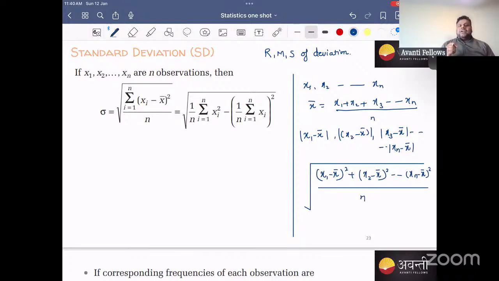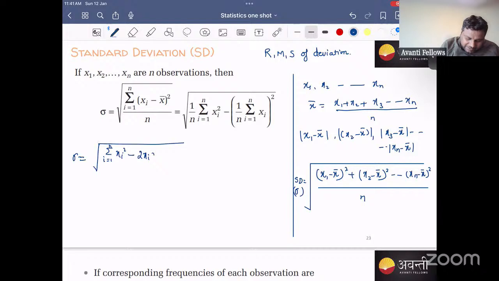Root of the mean of squares of the deviations is what we call standard deviation, denoted by sigma. Understood? And if we expand this sigma, it will be sigma i from 1 to n, xi square minus 2 xi x bar plus x bar square, whole divided by n.